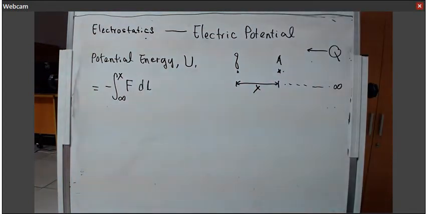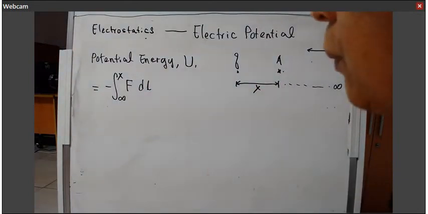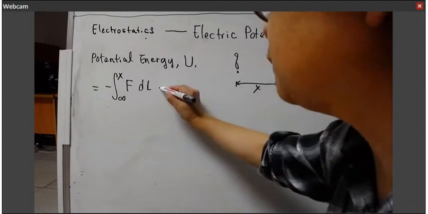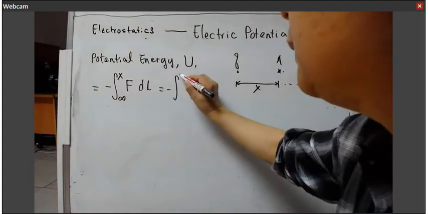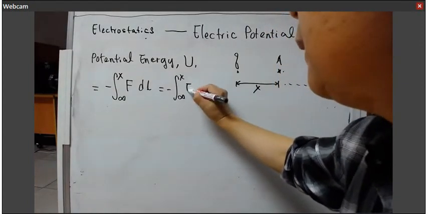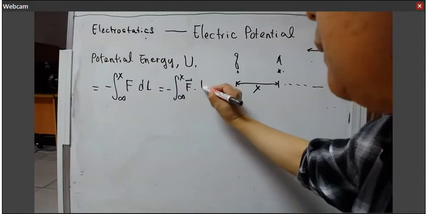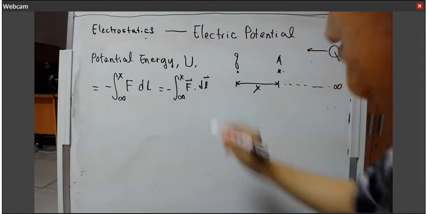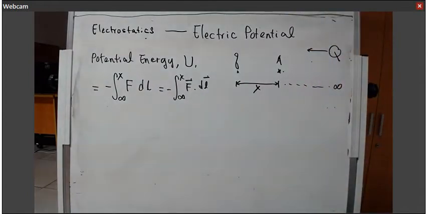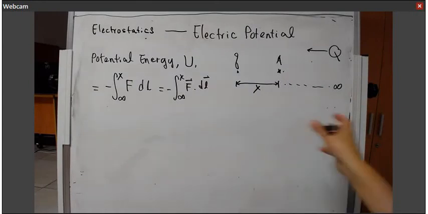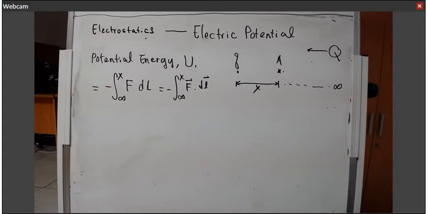This formula is currently given in scalar form. If you want it in vector form, it's also very easy: F dot dl. This will make sure you can sum up the contribution of potential energy at a point along the pathway.